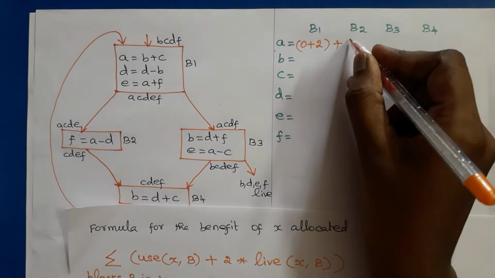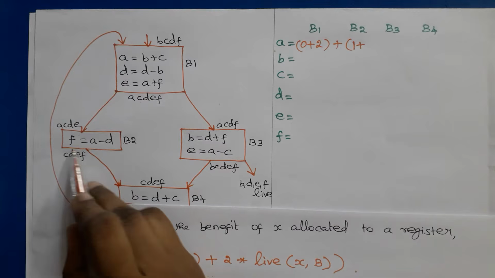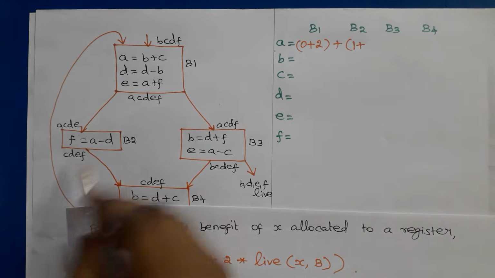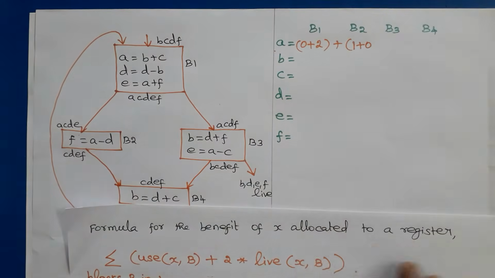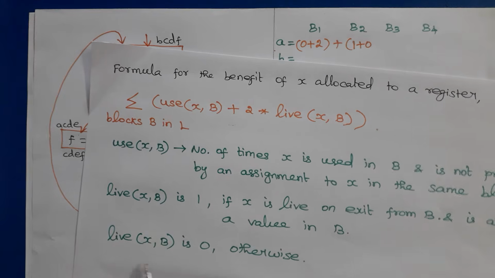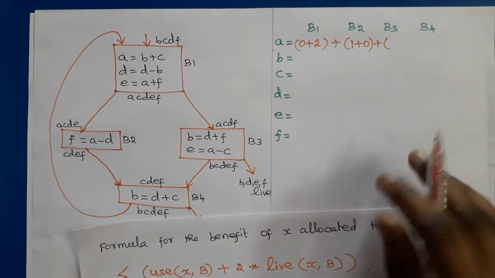So 1 plus, is a live or not? Here a is not live, a is dead, so live of a in B2 is 0. So 0 plus, now we have to check B3.